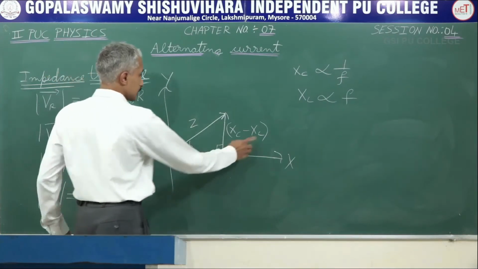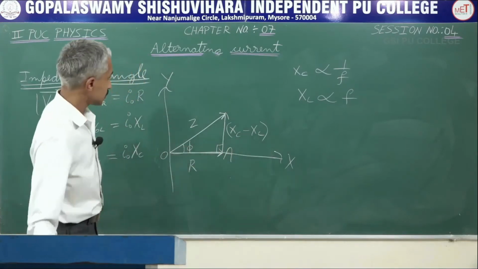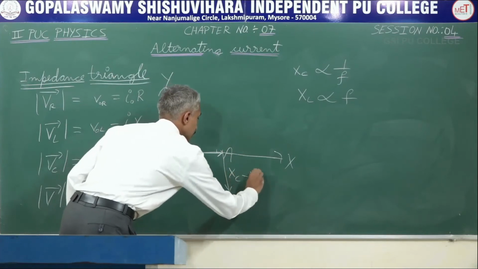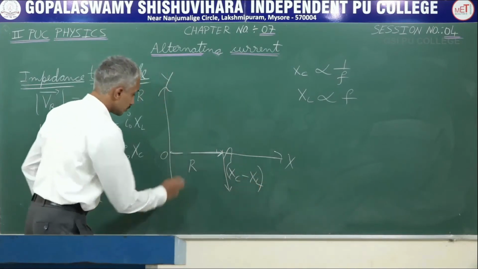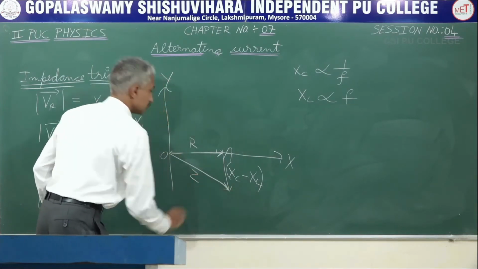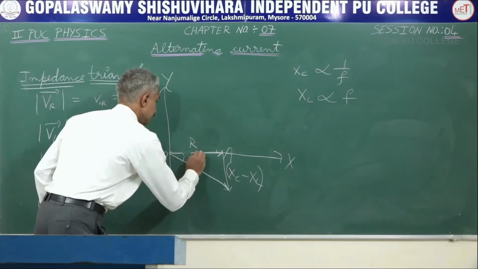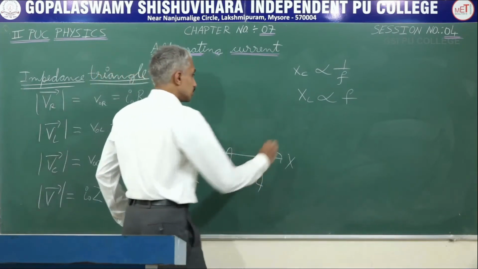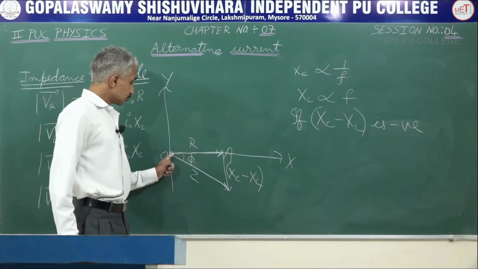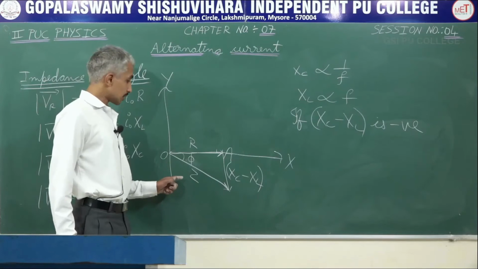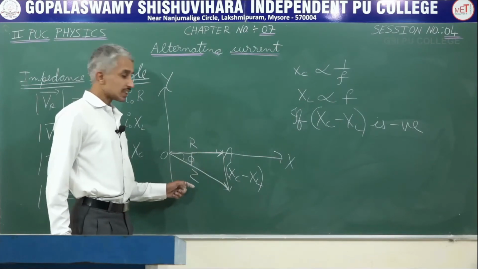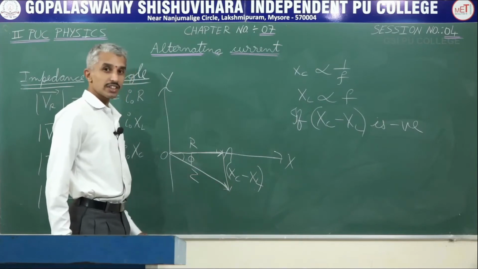Next, what if XL is greater than XC? Then what happens? You will get XC minus XL as negative. If XC minus XL is negative, then you will get an impedance triangle in the fourth quadrant. Here tan phi, which is opposite by adjacent, now becomes negative because XC minus XL is negative.